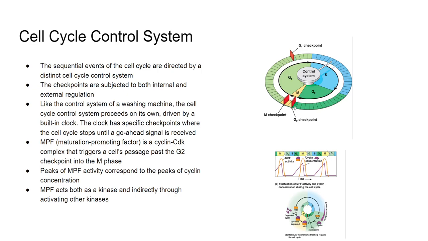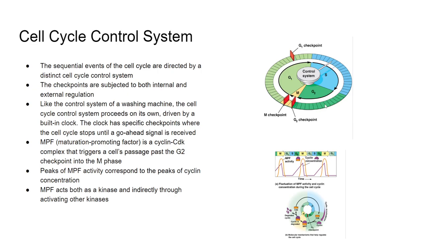The cell's going to need to know if it's grown to a certain standard, right? Like we said, we need to make sure the cell has enough nutrients to support two new cells. So this buildup of cyclin concentration as the cell cycle progresses forms a complex known as the CDK cyclin complex, or the cyclin CDK complex, which creates this maturation promoting factor to allow the cell to get past the G2 checkpoint. Once we get into mitosis and we see the cell actually divide, the cyclin is degraded and it restarts the cycle all over again.